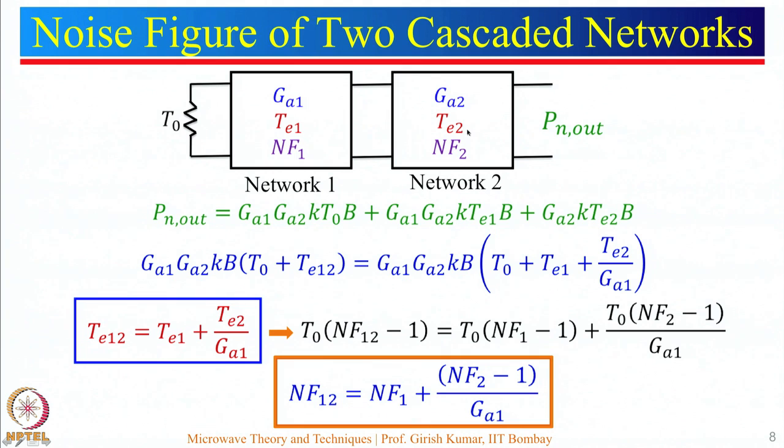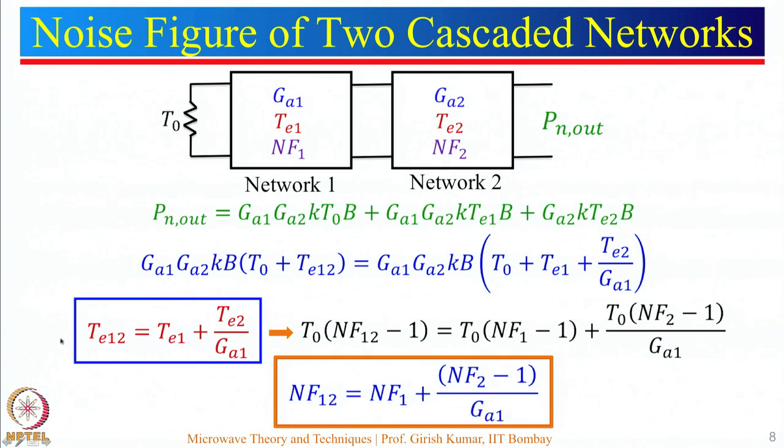For Te2, this will go to the input side of this one here, so this will be multiplied only by Ga2. So, you can see Ga2 times KTe2B. Now, we want to find the overall noise temperature of this particular network. Again, I want to mention our actual objective is not to find Te12. Our actual objective is to find the combined noise figure for these two networks.